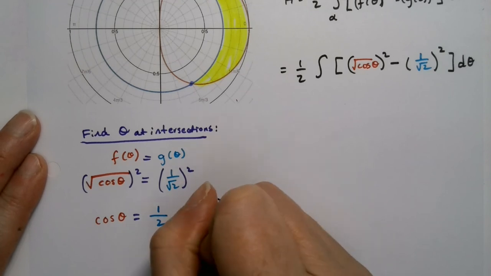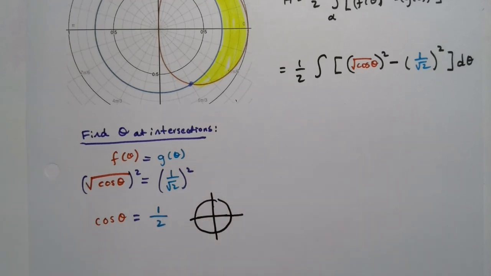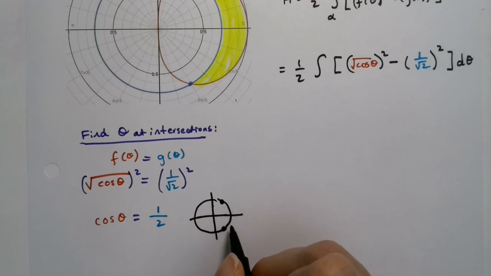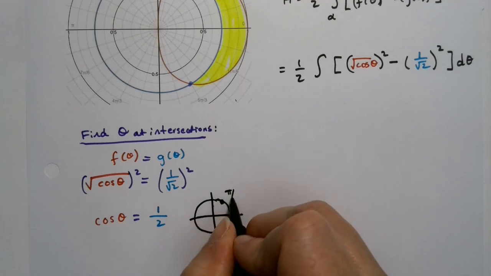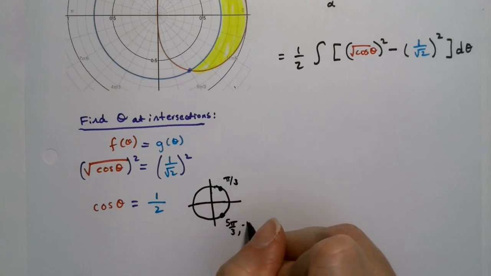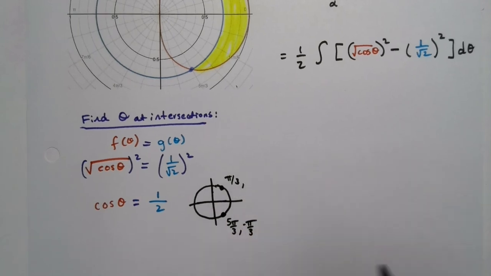It's the x value, so it's going to happen right here, and then right here. So it happens at pi over 3, and it happens at 5 pi over 3, which is technically negative pi over 3, and so on. So theta is equal to pi over 3, 5 pi over 3, or negative pi over 3. There are more, but we're just going to stop right there.